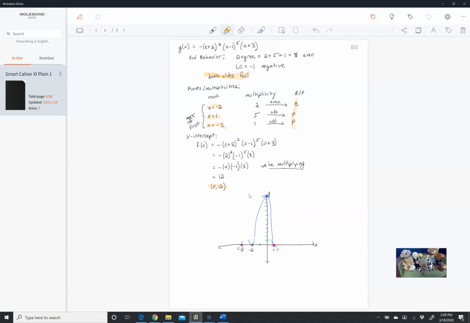So if we plug in -2.5, we're choosing -2.5 because it's a value between the roots -3 and -2. And this is just to see where it turns.